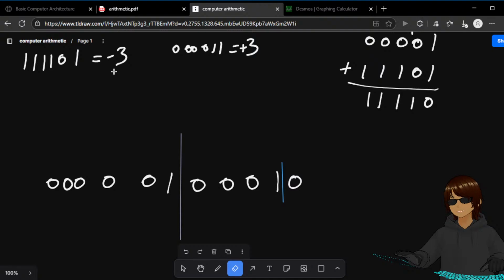1 minus 3 is a negative, so nothing happens.